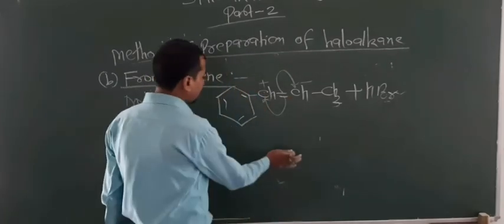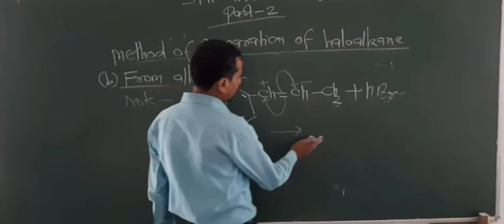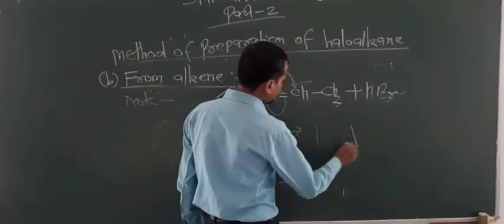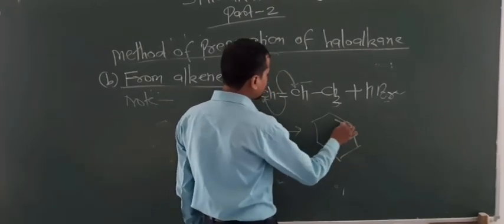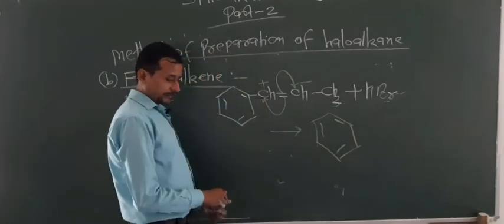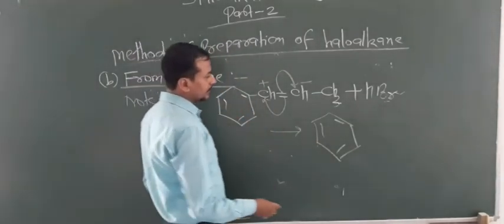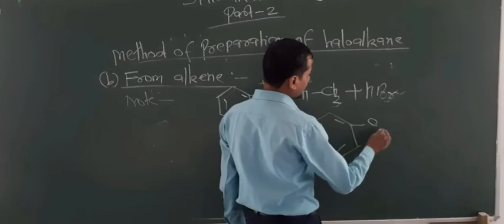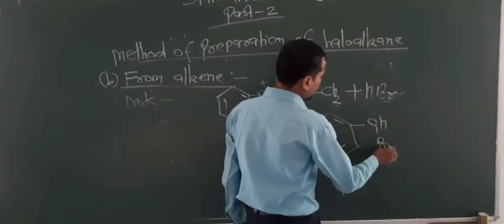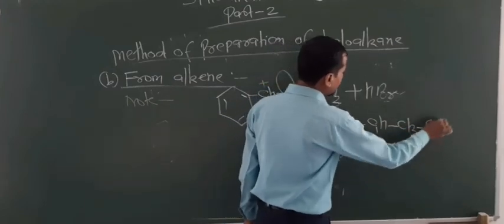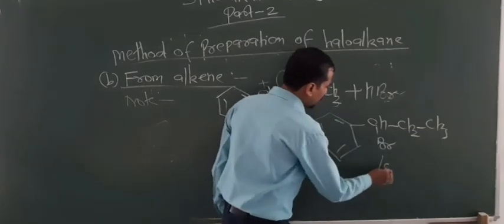Due to delocalization of positive charge in the ring, the stability is more for this carbon, that is, this carbocation. So now the product is basically Br attached here, CH2 and CH3, and this is 100%.